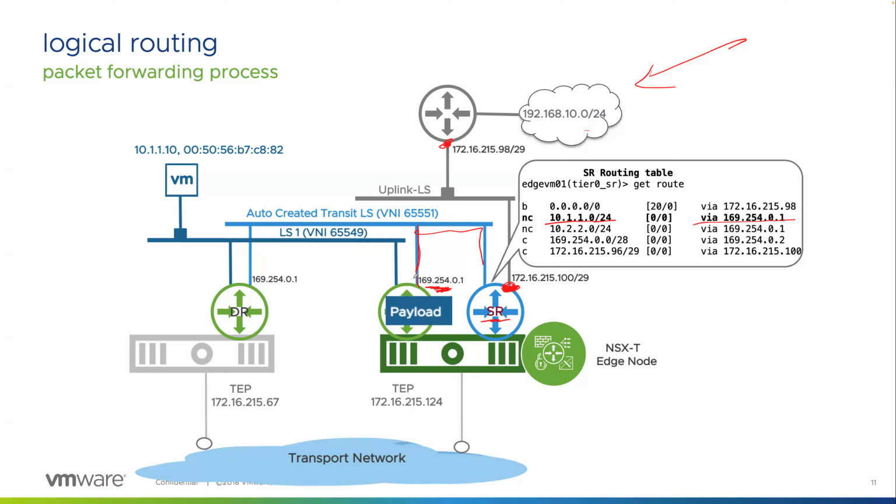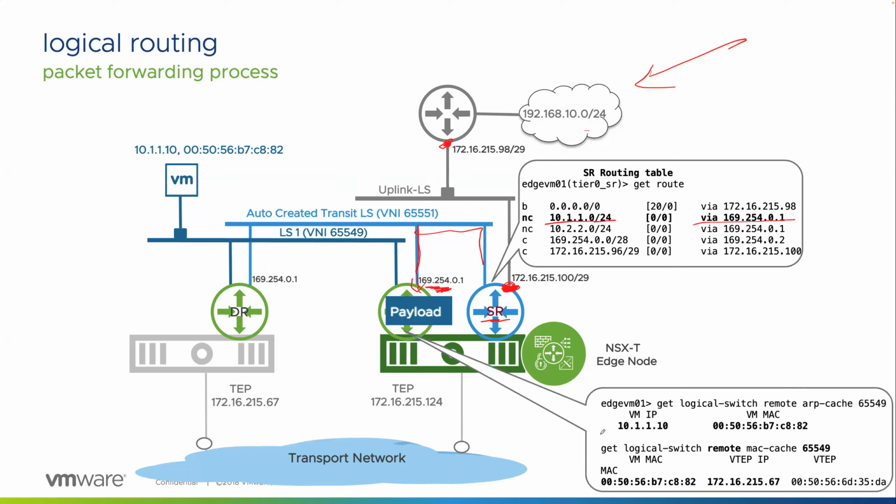There's a local DR, and they send out to the local DR. This DR will in turn look up the routing table and forwarding table to see 10.1.1.10's location. In this case, 10.1.1.10 is directly connected, right? From a routing point of view, it is a directly connected subnet.